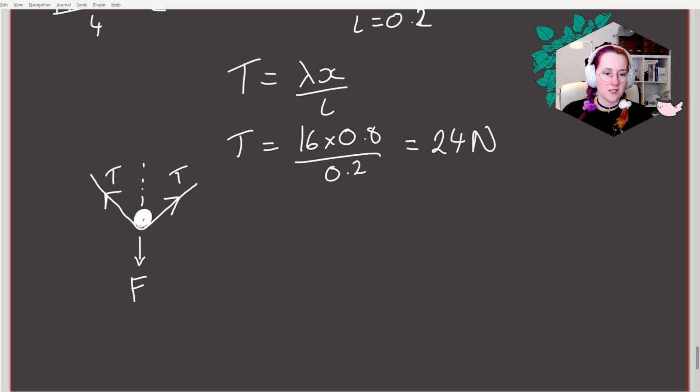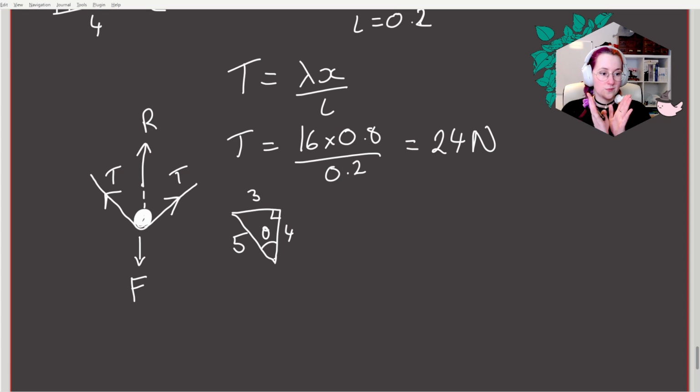That's too many things on one diagram, so let's tidy that up. This angle here is a right angle, that's 3, that's 4, and that's 5.